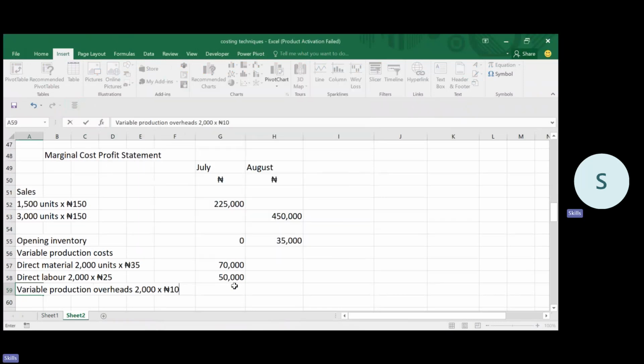And this will give us 2,000 times 10. 2,000 units times 10 naira will give us 20,000 naira.